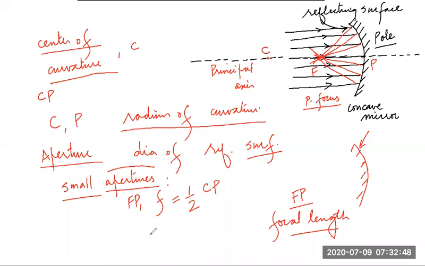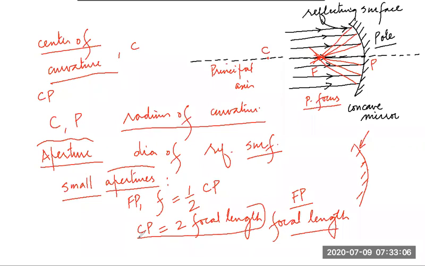Or in other words, you can say CP, the radius of curvature for spherical mirrors of small apertures, is always double the focal length. You could use this formula to solve so many numericals. All right, students.